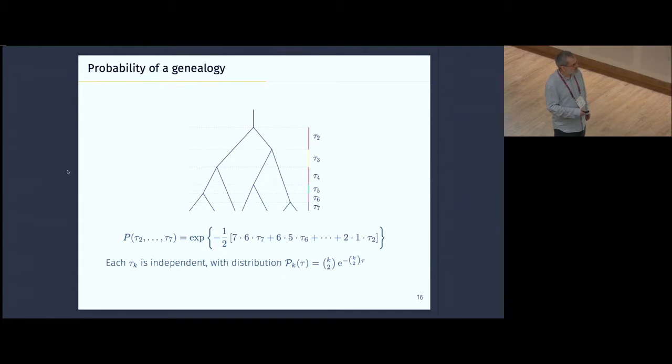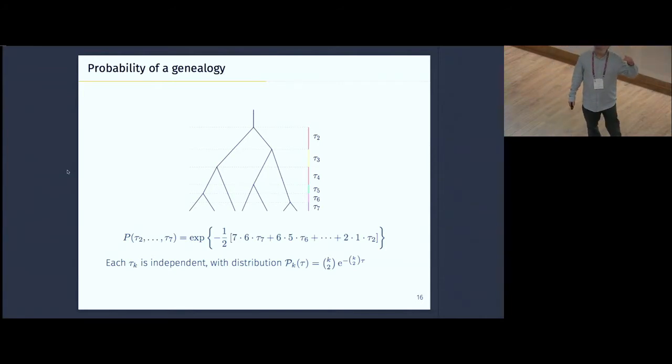And if you plug in the evaluation, what we get is that each tau k, each coalescent time with k lineages, is an independent random variable with the distribution given by this expression.